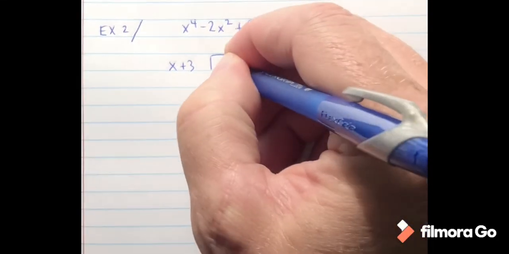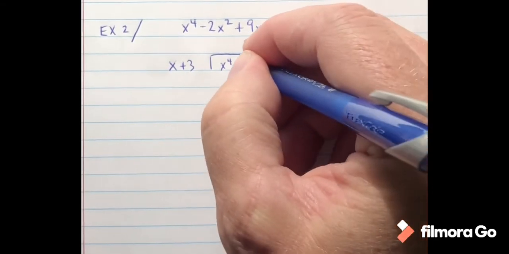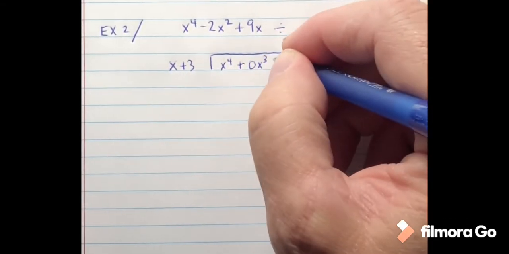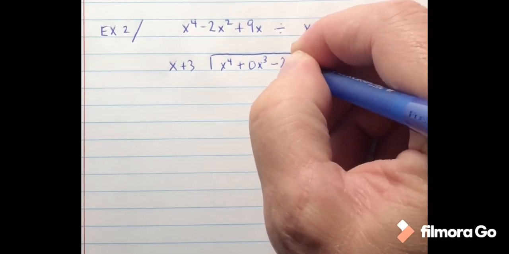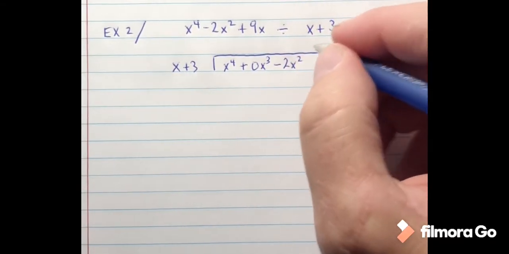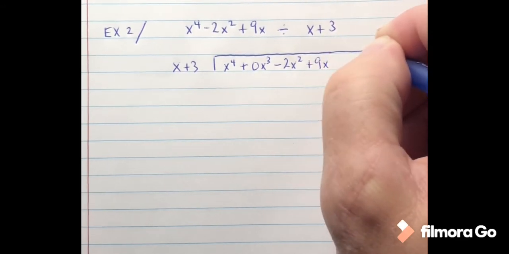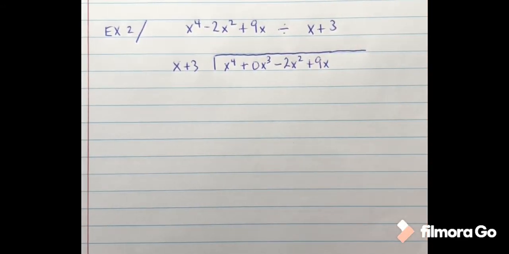So we've got x to the fourth plus, we don't have an x to the third, so I'm just going to say plus 0x to the third minus 2x squared plus 9x, and then still have space over here for, we don't actually have a constant there.